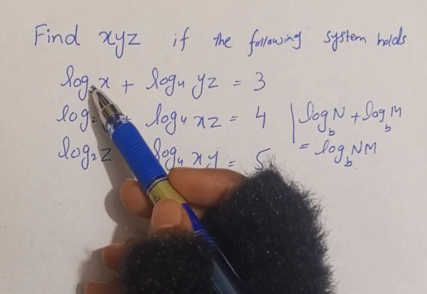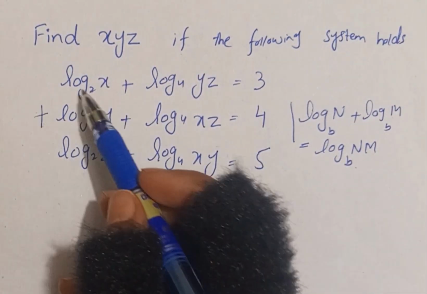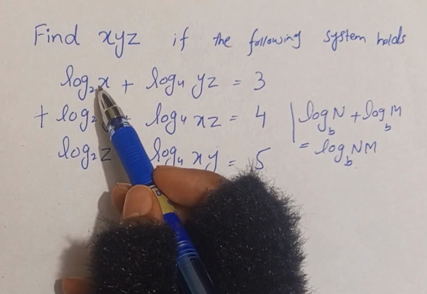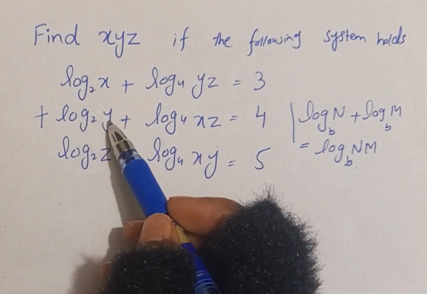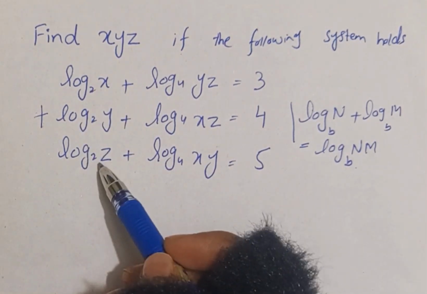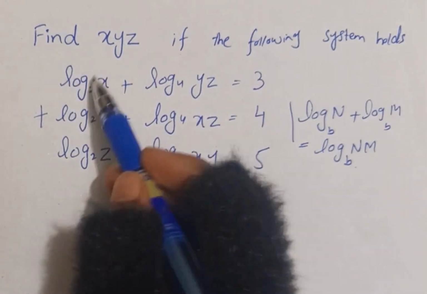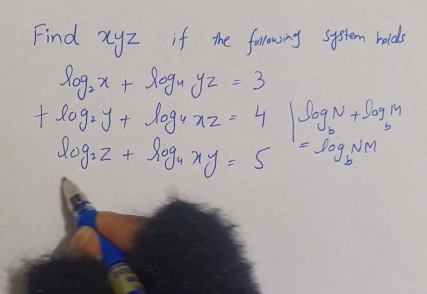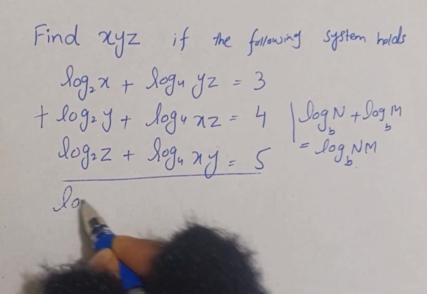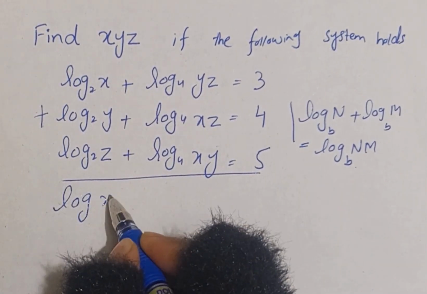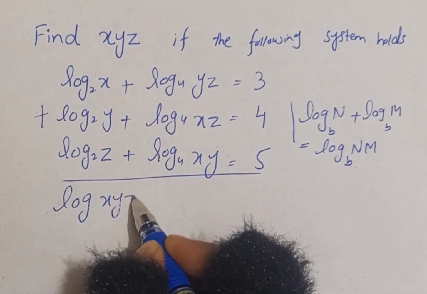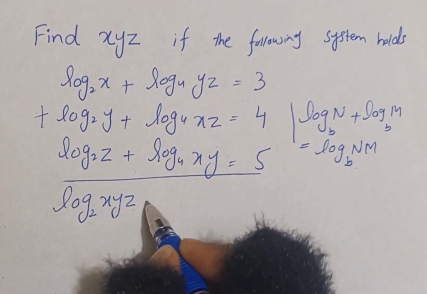Now look at the first term of these three equations. This will become log x with base 2 plus log y with base 2 plus log z with base 2. So we can write this as log xyz with base 2.